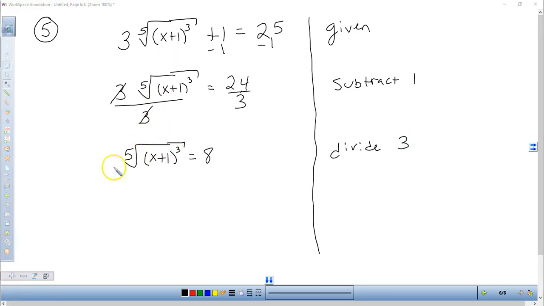Since we have this set up, now I want to do what I'm going to call convert. I'm going to make this look like what we were doing in the last problem. Remember I told you that when I write these, such as x plus 1, when we had the 2/3, the bottom number was root, the top number was exponent.